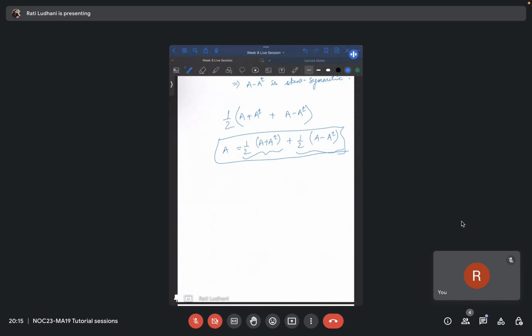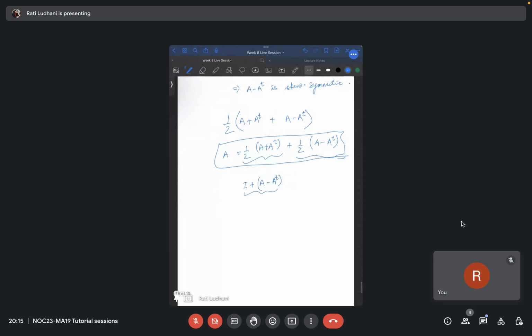This entire determinant, is it non-zero for all real A? This is in the assignment, right? Okay, think about it. Note that A minus A transpose is skew symmetric. Can you come up with something?